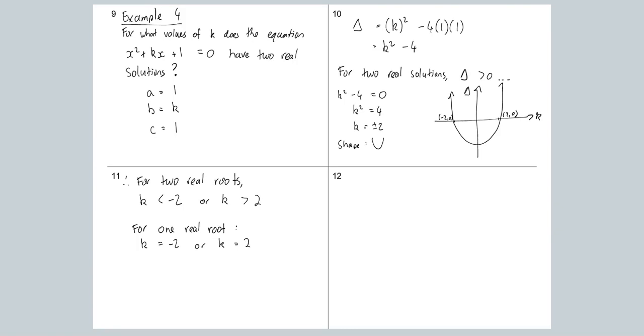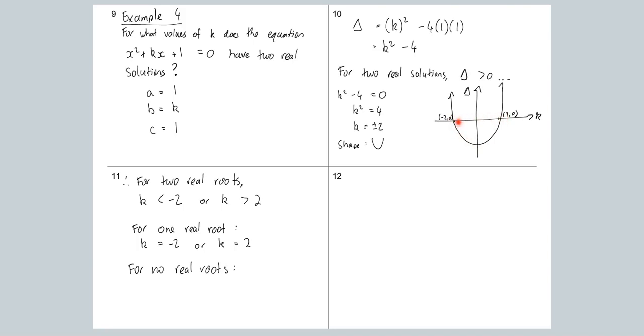And for no real roots, we know that delta has to be less than 0. So there's delta. Delta is positive, positive, positive, positive, 0. And now delta is negative. So everything between here and here are possible values for k.